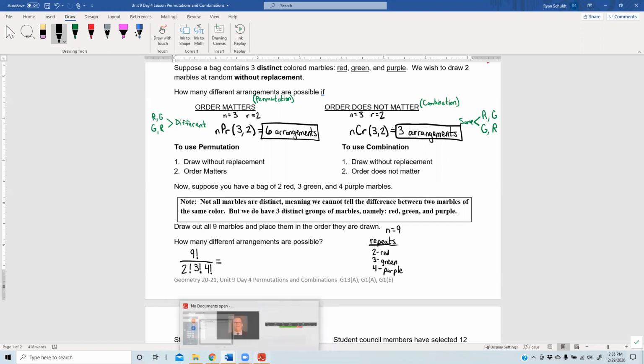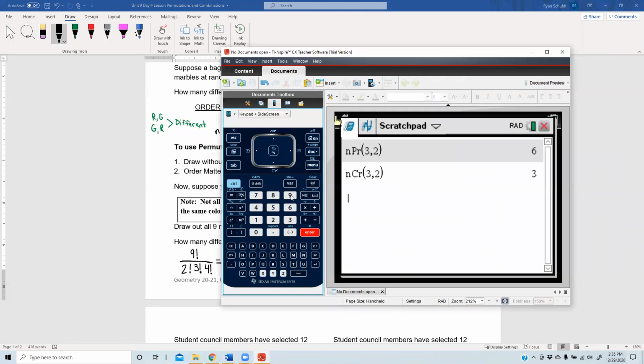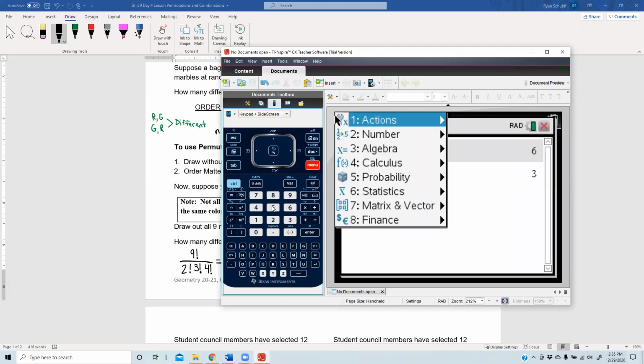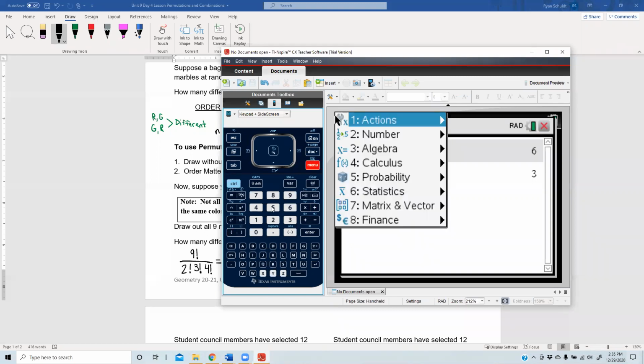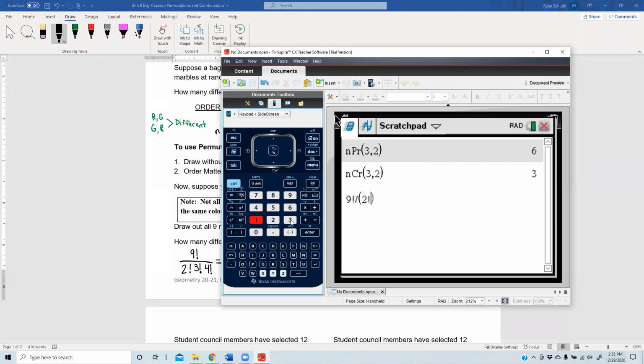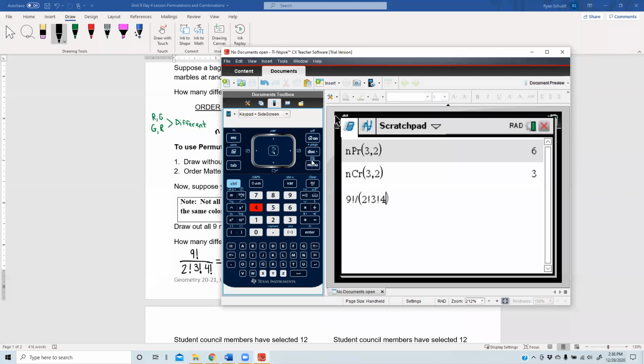Now let's put all this in the calculator. So I'm going to do 9. To get the factorial, you can say menu 5, 1. Menu 5 for probability, 1 for factorial. So 9 factorial divided by, I need to make sure I put a parentheses here so it captures my whole denominator. And I'll do 2 factorial, menu 5, 1, and 3 factorial, and 4 factorial.